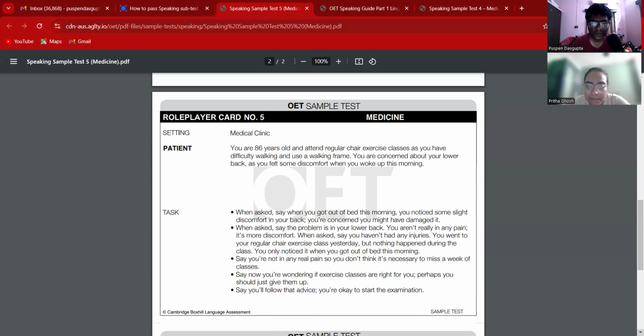There is an 86-year-old patient who attends regular chair exercise classes as they have difficulty walking and use a walking frame. So the interlocutor is the patient. The patient is concerned about their lower back as they felt some discomfort on waking up this morning. And then you have 5 different tasks and corresponding versions of it will be there for the candidate also.